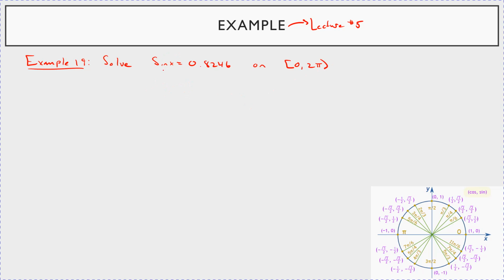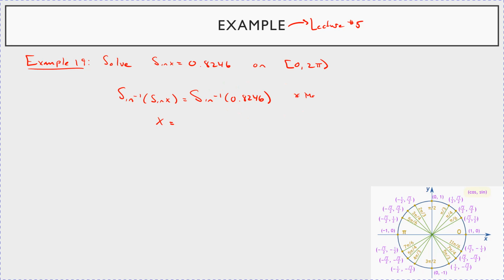You're going to use the inverse function property to solve this. So you're going to take sine inverse of each side. Sine inverse of sine of x is just x. Now you're going to do this in your calculator, and here's the thing.